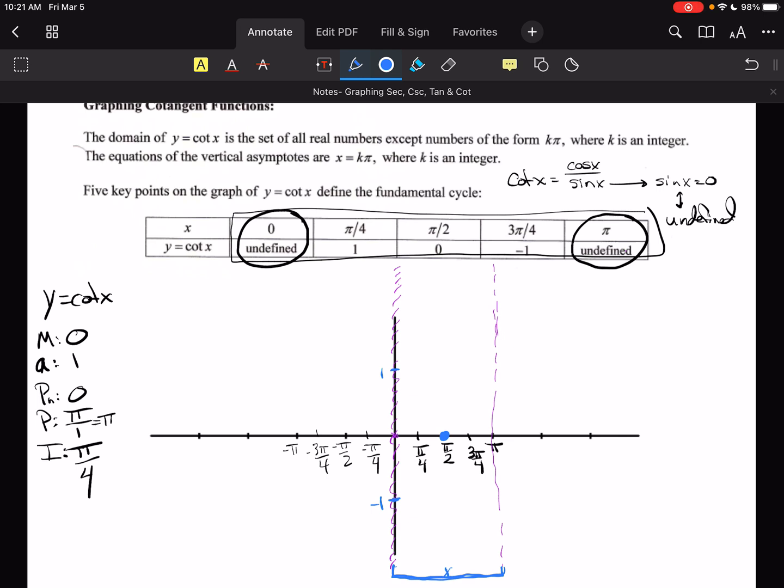And because things are reciprocated here, think about flipping tangent. If I flip that graph, that means I'm going to start here. And again, that's in the table: pi over 4, 1. 3 pi over 4, negative 1.